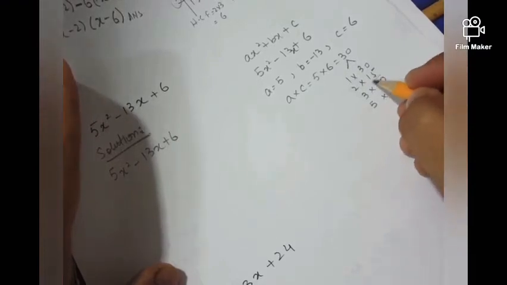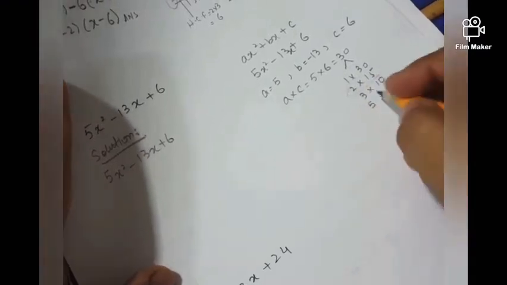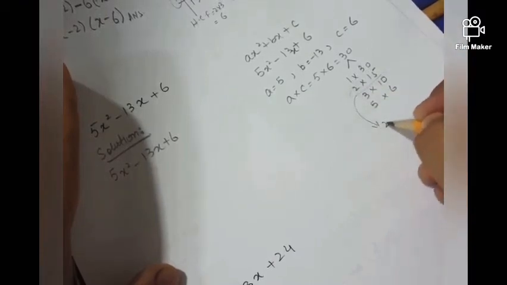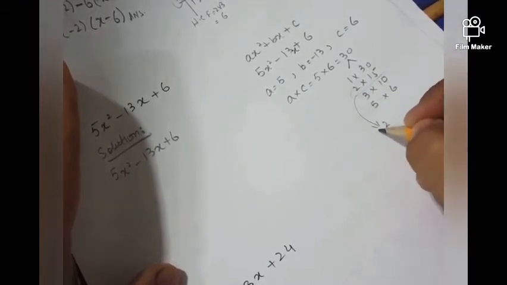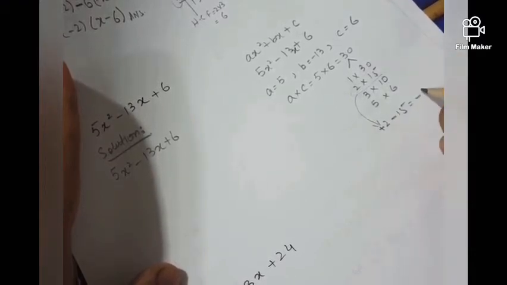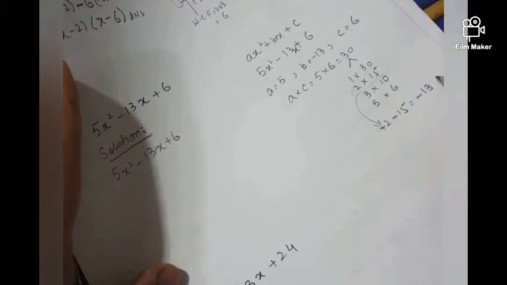Okay, I'm going to select first 2 and 15 because I know that plus 2 and minus 15 can give me minus 13, which is my B.